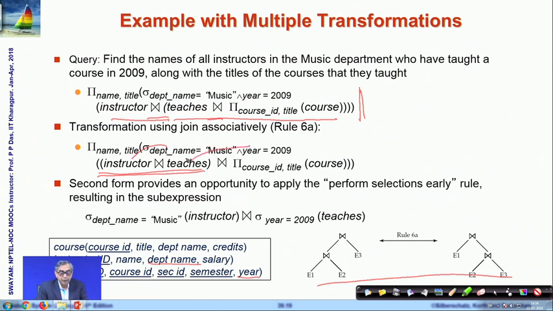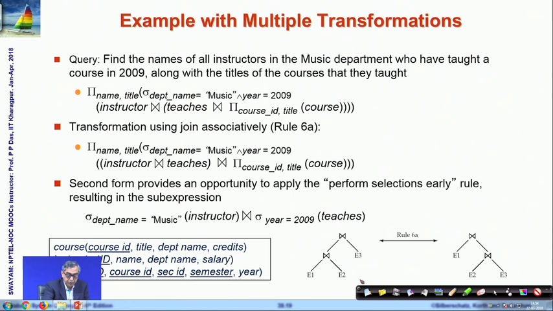So, I should be able to select early on the instructor based only on the department name being music, and also select early on teaches by using year as 2009, and then do the join. Naturally each one of these will become much smaller compared to the whole instructor or teaches relation. Therefore, their join will also be smaller.